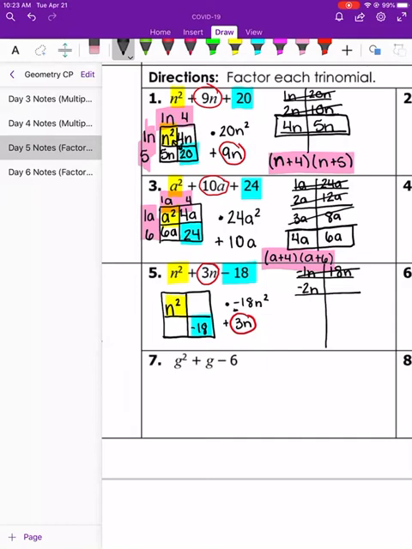And it goes into it 9 times, 9n, okay? So negative 2n times 9n is negative 18n squared. Does negative 2 plus 9 add up to give me 3n? No.